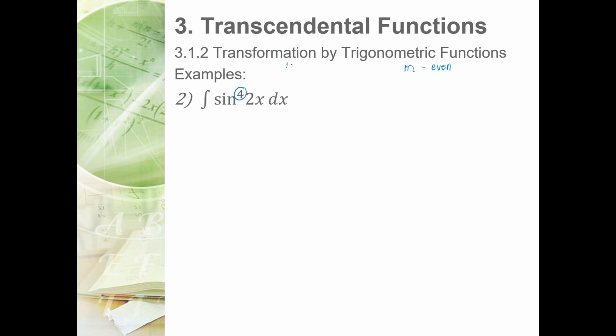So for sine we have 1 minus cosine 2u all over 2. Then for the cosine, it's just the opposite operation of this one. So we have 1 plus cosine 2u all over 2.